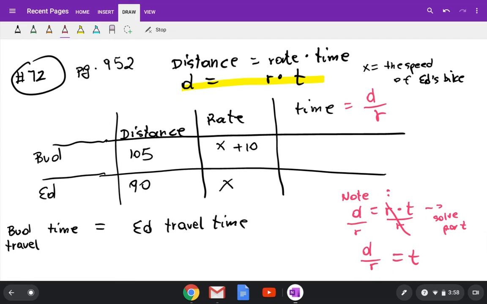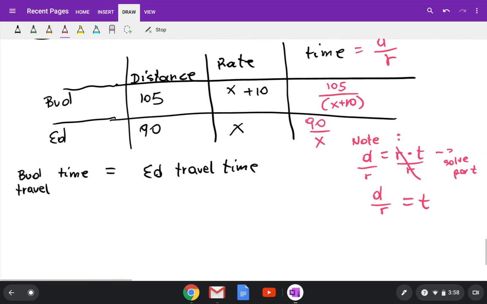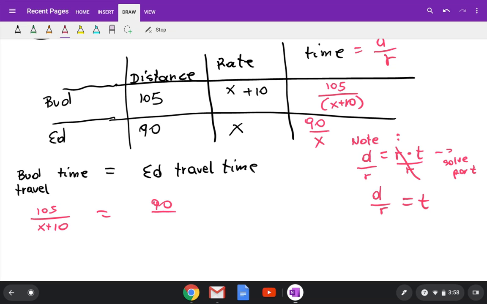So time of the first motorcycle is its distance, 105, over its rate, x + 10. The time of the second motorcycle is its distance, 90, over its rate, x. Those two times are exactly the same. So our equation is 105/(x + 10) = 90/x.